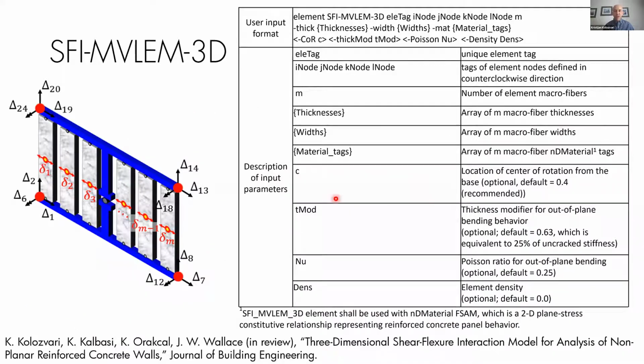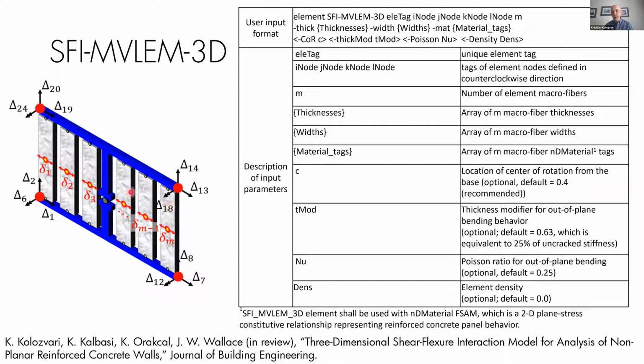In terms of input parameters for the SFI MVLEM 3D, very similar to the 2-dimensional version, except you have 4 nodes. You have an array of thicknesses, widths, and material tags. The material tag has to be a tag of the fixed strut angle material model, FSAM. So each of these panels here have to be FSAM.